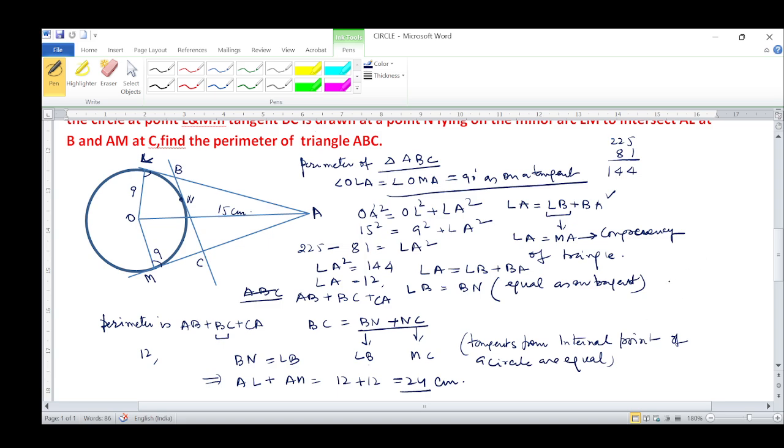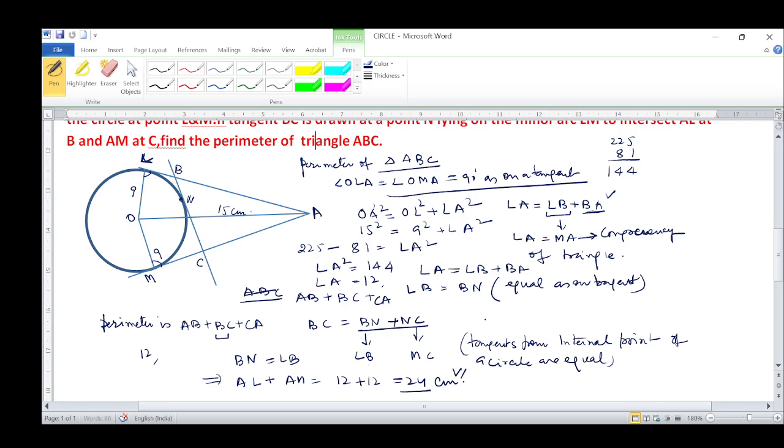LA is equal to LB plus BA, and LB is equal to BN. So BN and NC when added bring you BC. So when LB is added with BA and AC is added with MC, it will equate to BN plus CN. So this is how we reach this conclusion.